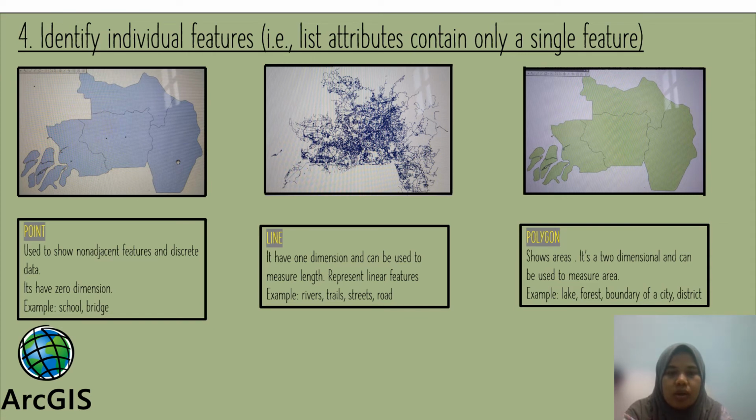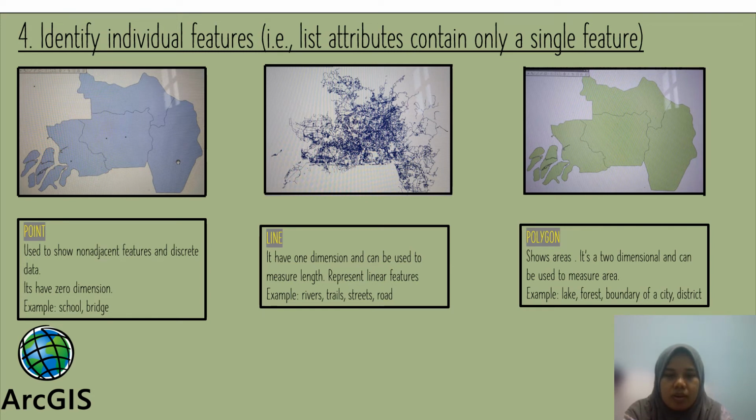For the next one is line. Line used to represent linear features, and it has one dimension and can be used to measure length, and it have starting and ending point, and it represent linear features.